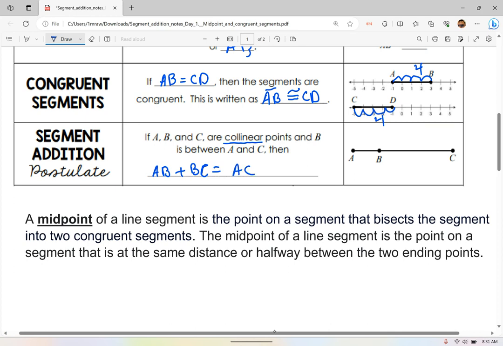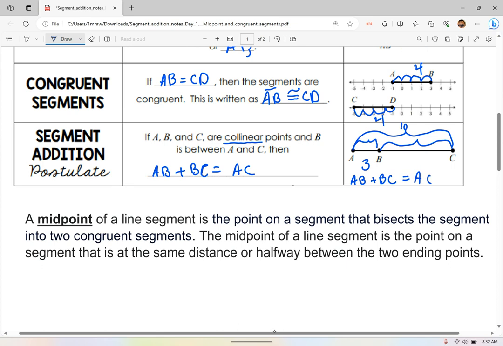So this measurement plus this measurement equals the whole entire measurement. For instance, if this was 3 and the whole length was 10, we could find this out by using our segment addition postulate.